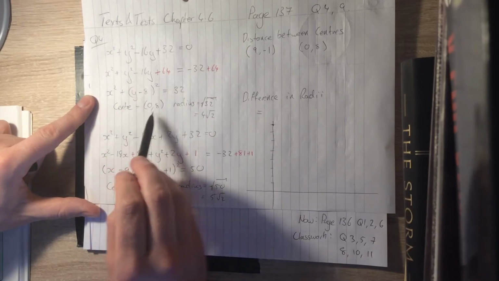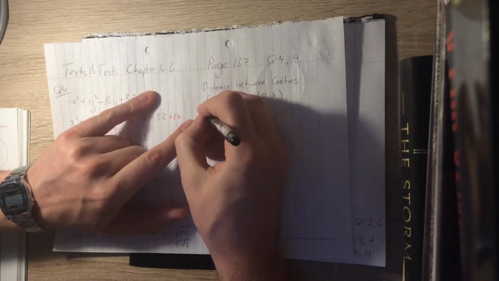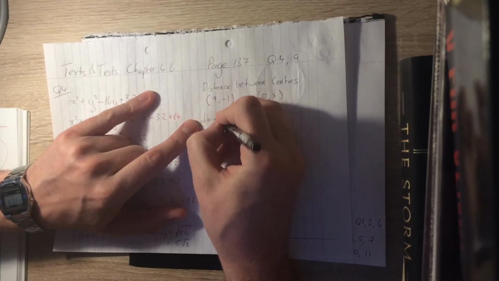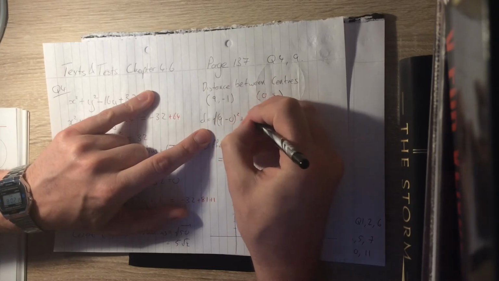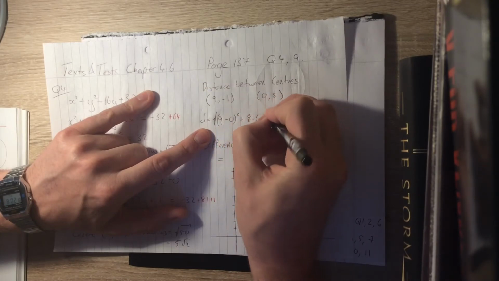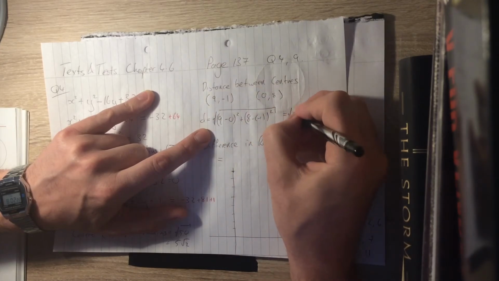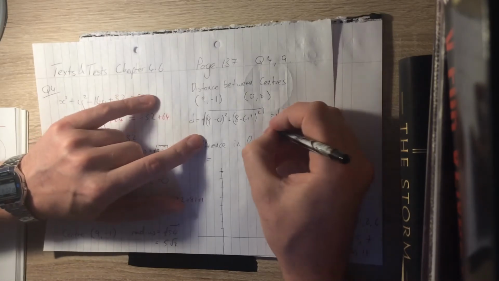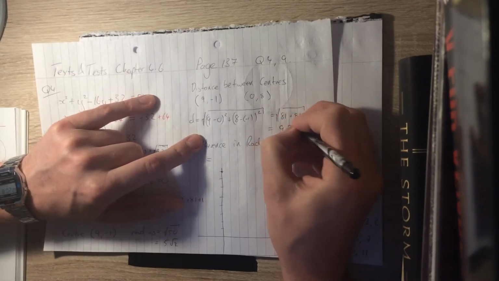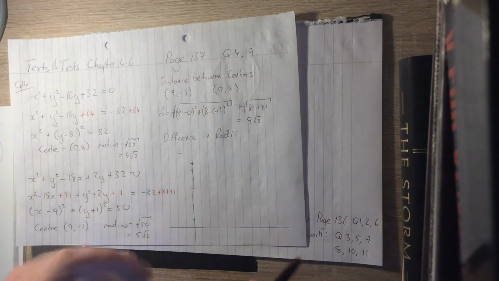So the two centers are up here. The distance between those two centers is going to be the square root of 9 minus 0 squared plus 8 take negative 1 squared, and that's the square root of 81 plus 81, and that's going to come out as 9 root 2 if you work through that.